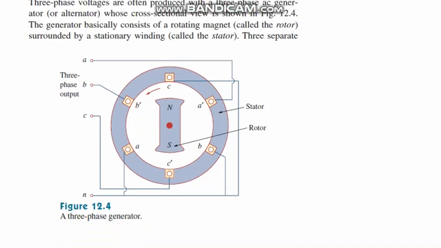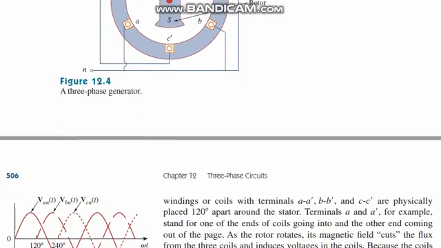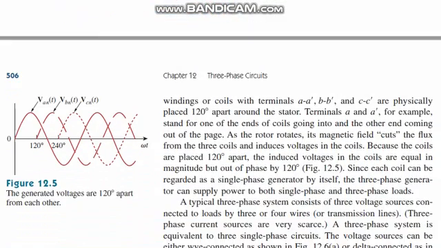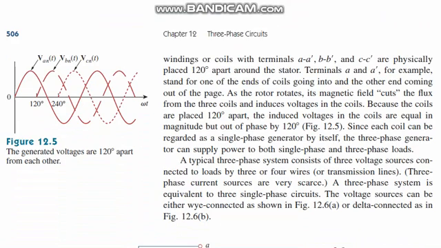Now coming back to another point: this diagram shows how the voltages are generated and are 120 degrees apart from each other, as I told you before.